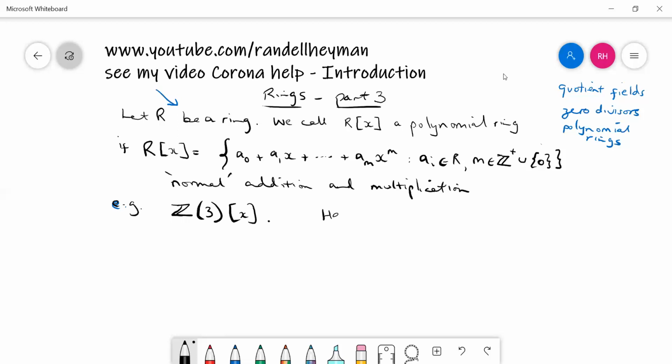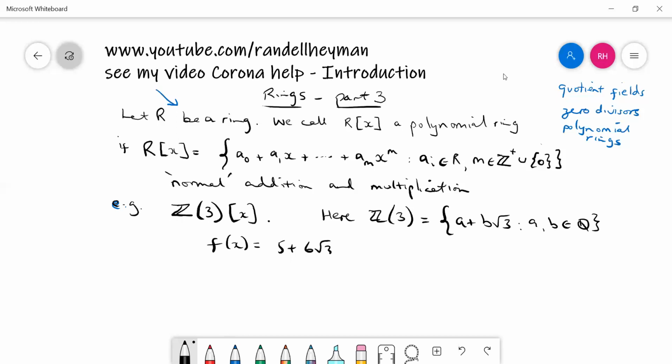And here, Z3 is what we talked about before, sort of a plus b root 3, where a and b are rationals. So examples of elements: f(x) could be equal to 5 plus 6 root 3 plus (2 minus root 3) times x plus 100 root 3 x squared.